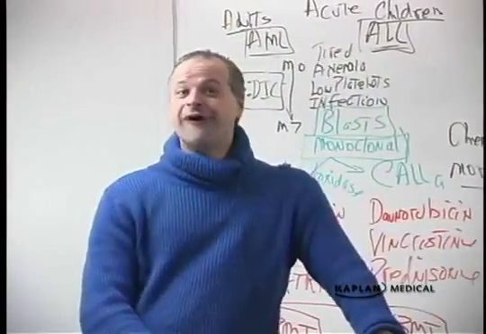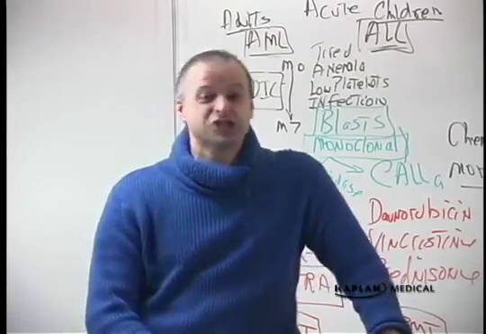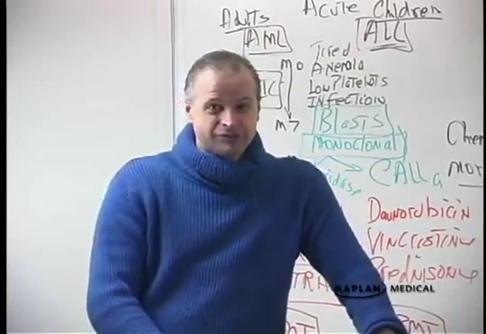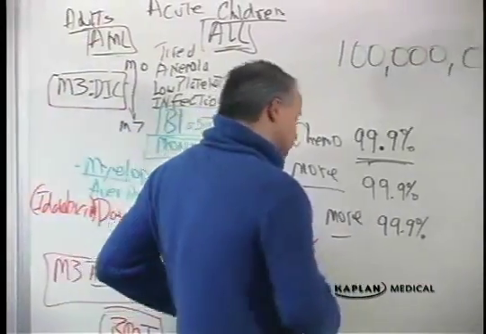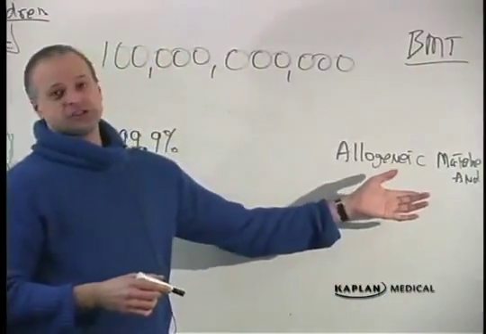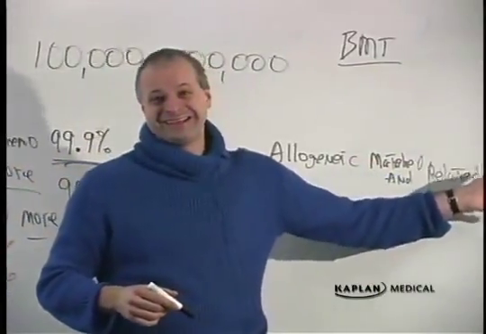Whoa! Before I let myself get transplanted, you better tell me whether or not my cytogenetics are associated with at least a 20% chance of relapse. Because if I have a much smaller chance of relapse, then I'm not going to take a 20% chance at death.